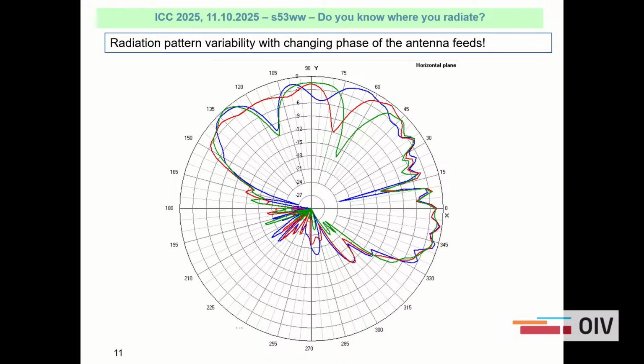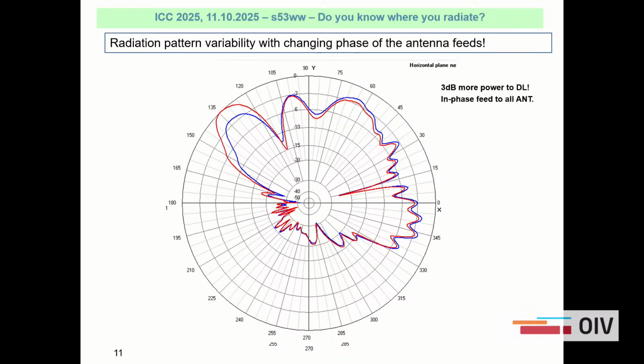The power doesn't really matter because the radiated field is shaped by the radiation pattern, and at some angle, you will have exactly the same power, and if opposite phase, it will create a notch. So this is an example where you put 3 dB more power to the Delta Lima antenna, and you see this notch just moved a bit, maybe by 5 degrees, right? So it doesn't matter what the power level is. It's all about the phases.